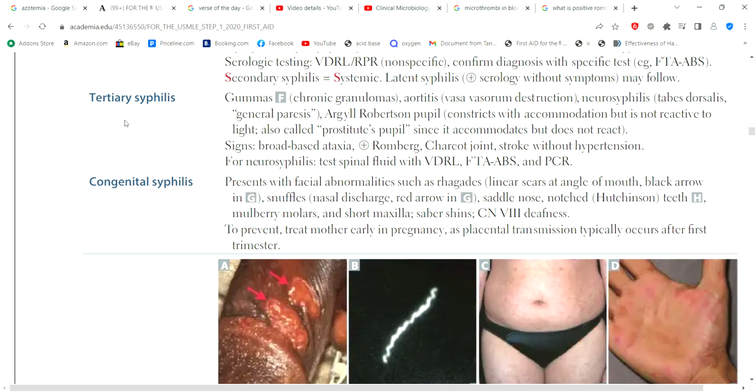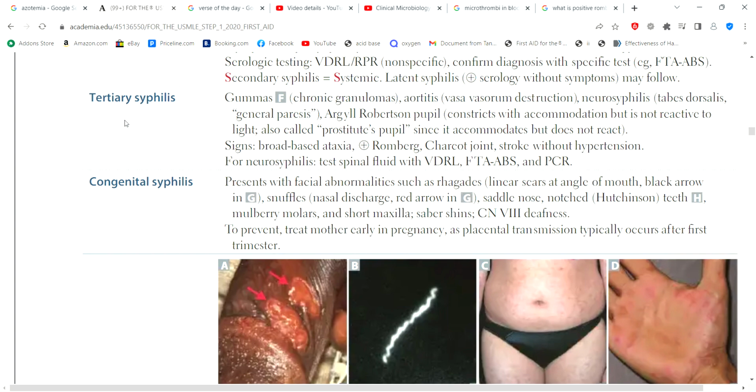The other eye is normally supposed to constrict when light is shown in the opposite eye. Okay. Positive Romberg test.